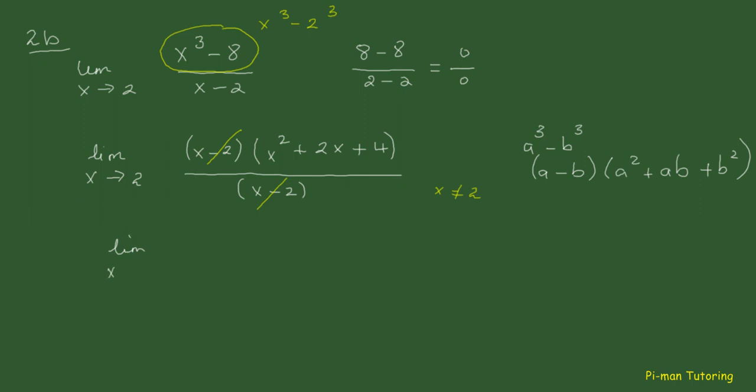Limit as x tends to 2 of x squared plus 2x plus 4. And now we substitute in the value of 2, and we get 4 plus 4 plus 4 equals 12. So again, even though the function does not exist at x equals 2, the limit as x approaches 2 does exist and has a value of 12.